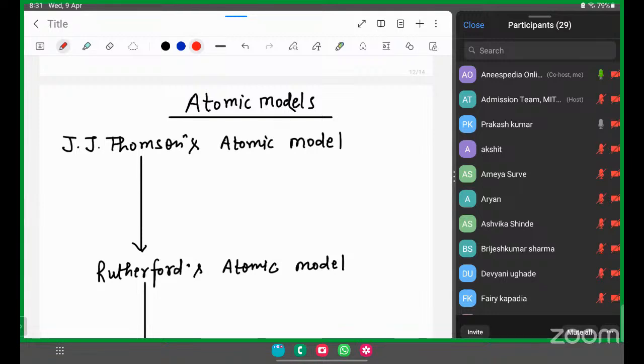In a watermelon, the reddish part is the positive part, or proton, and the seeds work as electrons. So this is how J.J. Thomson's atomic model looks. The key points are uniform distribution of positive charge, non-uniform distribution of electrons, and spherical shape. J.J. Thomson's atomic model is also known as the plum pudding model.